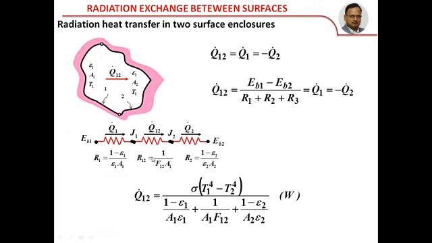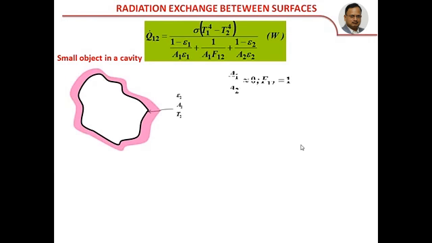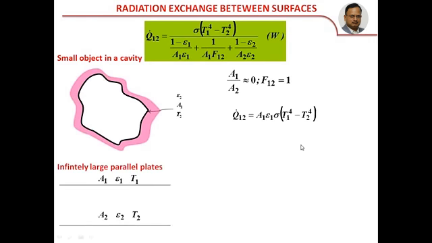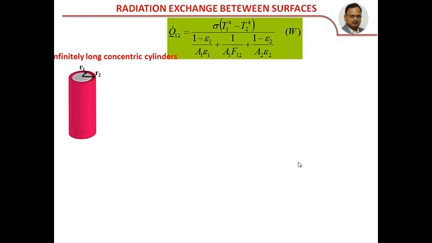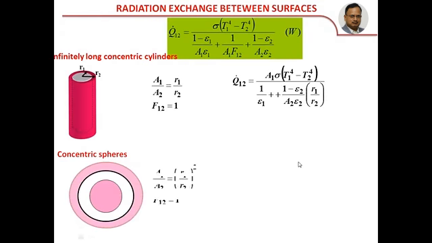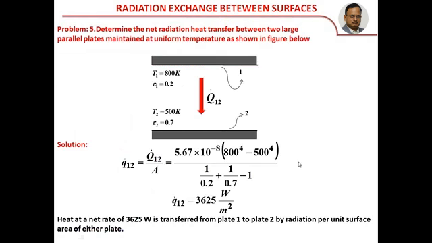Identify if black bodies are there, epsilon 1 becomes 1, and if the areas are infinity or one is small and one is large, and determine the shape factor F12, you substitute in these resistances, you will get Q12. So that is what you have to do before going to solving problems.